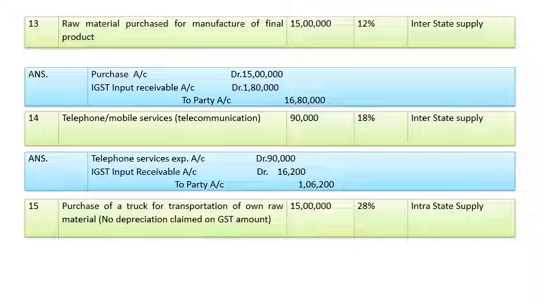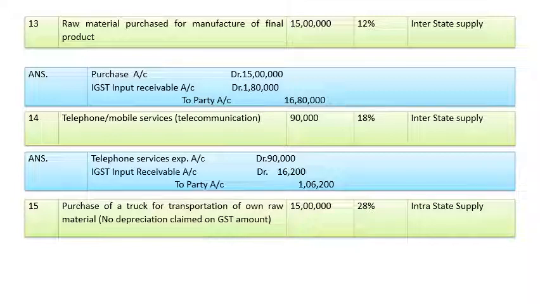So that is why GST amount will be recorded separately into the books of account and credit is available. But if depreciation is claimed on GST amount, then it will not be recorded separately. It will be added into the cost price of the trucks.